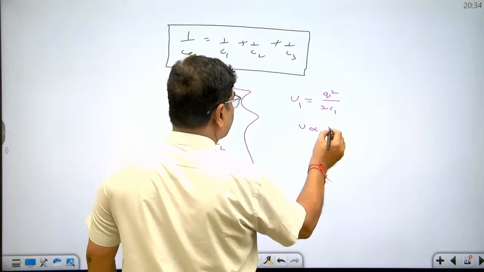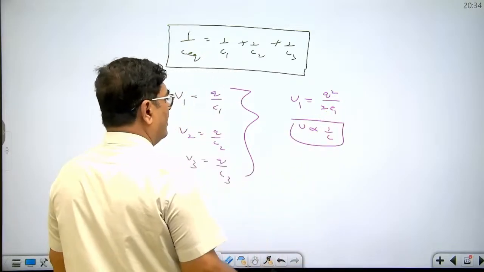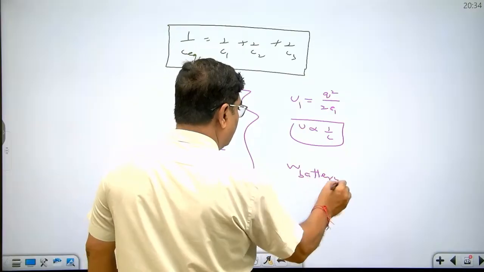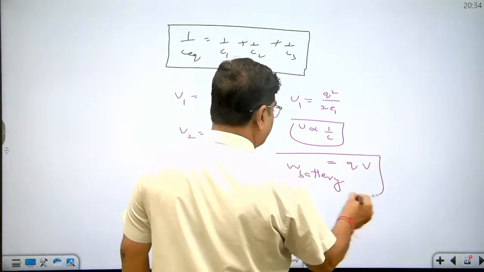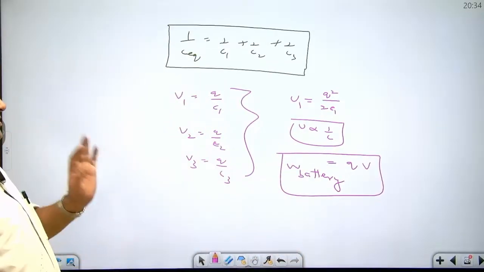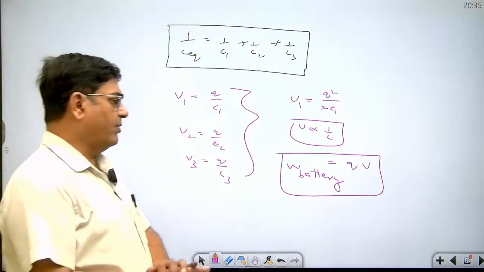Remember, U is proportional to 1 upon C in the series combination. And the work done by the battery is the charge supplied by the battery into the potential difference across the battery. So dear student, this is all about series grouping. Now let's see the parallel grouping.